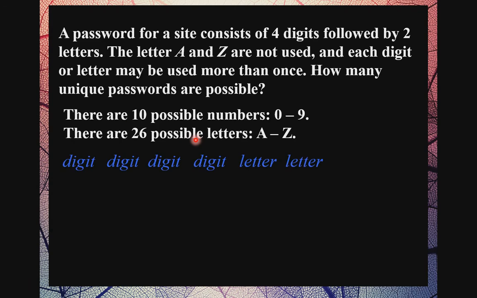So again, there are 1, 2, 3, 4 digits followed by 2 letters. So for the first place, we have 10 options for the digit. Per place or per digit, we have 10 options. Kaya naman 10 ang multiplier natin dito. And sa letters naman is 24. Why? Kasi nga, A and Z are not used.